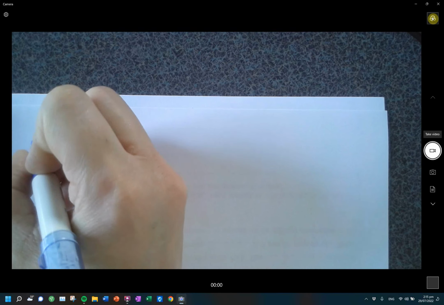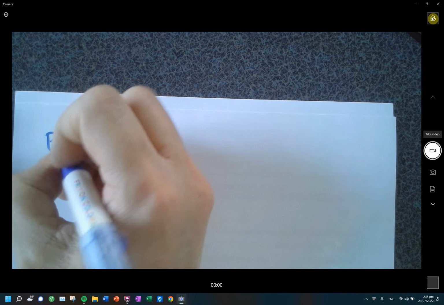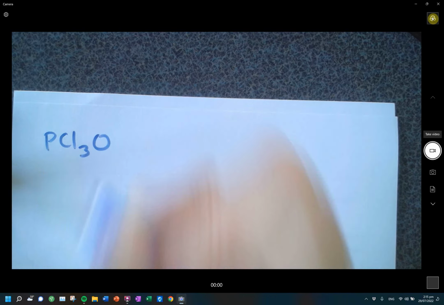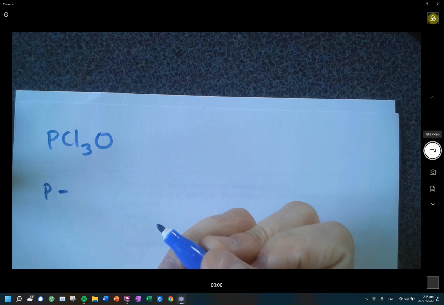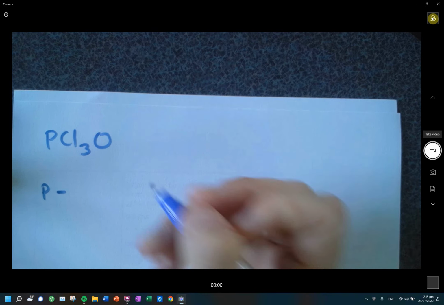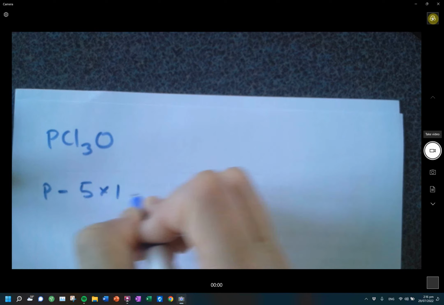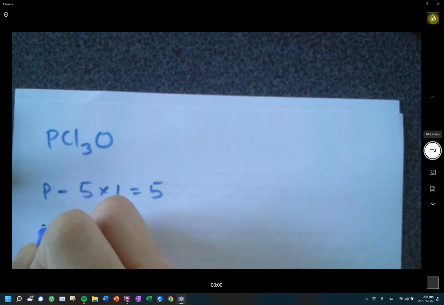We have PCl3O. I'm just giving you guys a nice variety of things to look at because I want you to see what to do in different situations. So phosphorus, looking at the periodic table, that guy is 5. Only got 1, so that's 5.